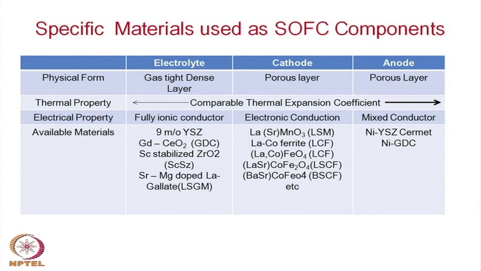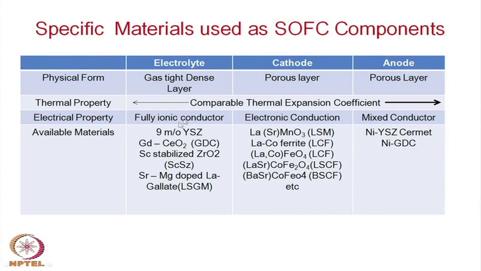So, one needs non-porous material, whereas cathode and anode by design have to be porous, otherwise the reactants will not come in contact with the electrolyte, and there will be no electrochemical reaction. Therefore, they have to be porous, whereas the electrolyte has to be dense and quite thin.